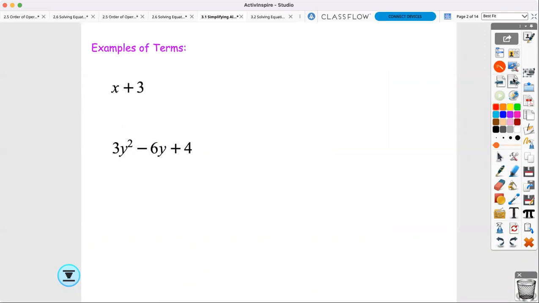So look at the first expression, x plus 3. While you guys are writing this down, how many terms do y'all think there are in x plus 3? Just say there's 1 term, 2 terms, 3 terms.